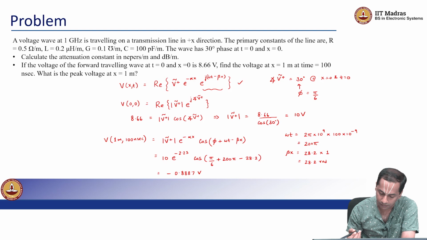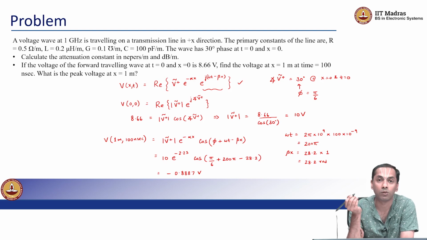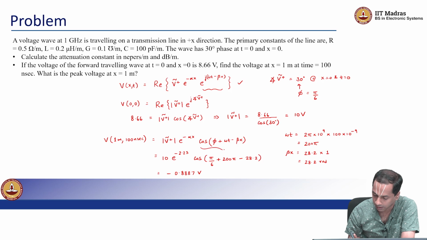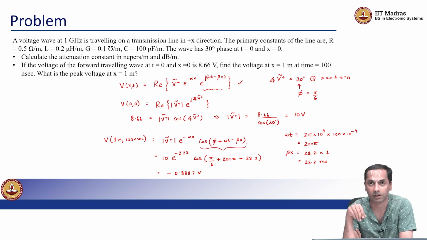And then if I were to ask you what is the peak voltage at x equals 1 meter, remember that this cosine term is going to oscillate between plus and minus 1, right? So x is fixed, phi is fixed, omega t is going to keep oscillating between 0 to 2 pi, right. So, taking the cos value from -1 to +1. So, the peak voltage would be when the cosine term becomes 1, right.